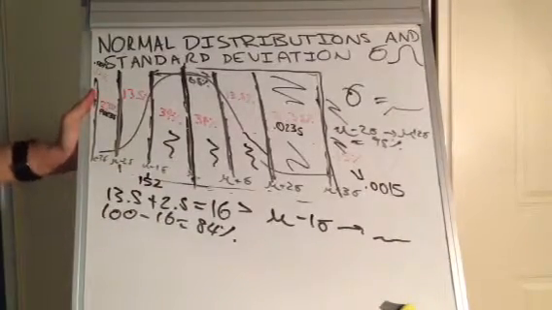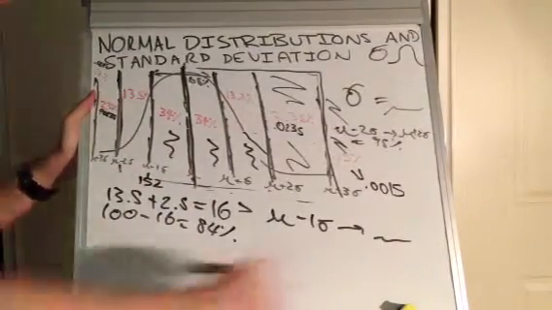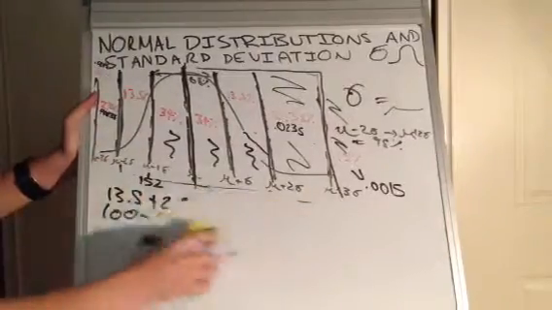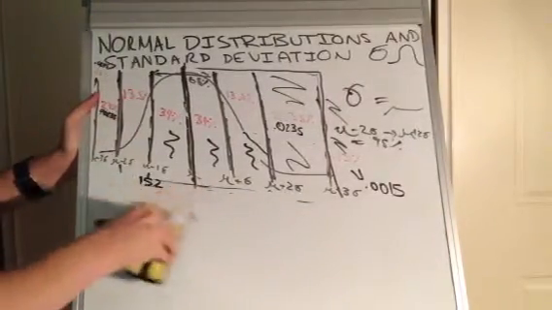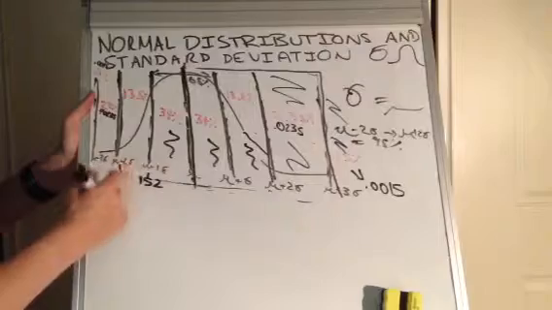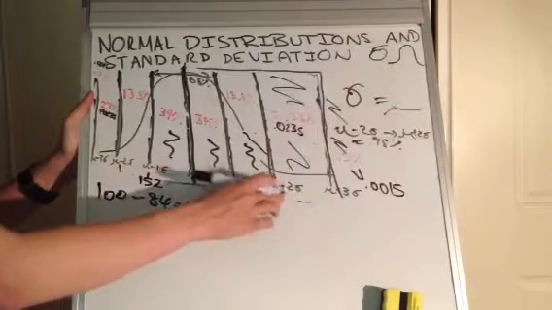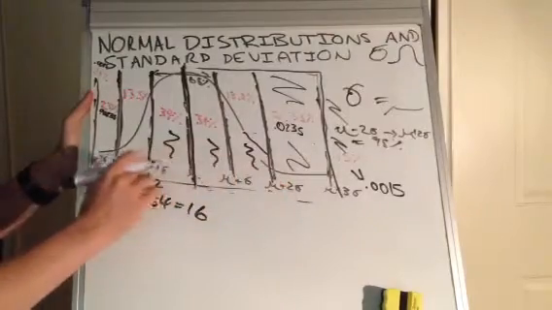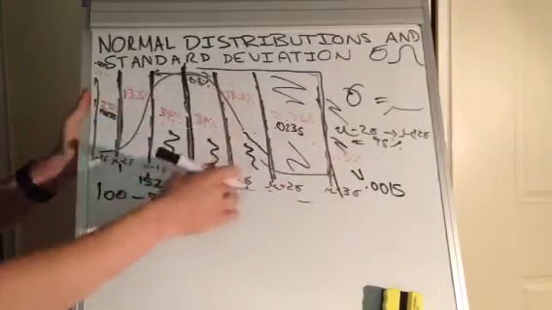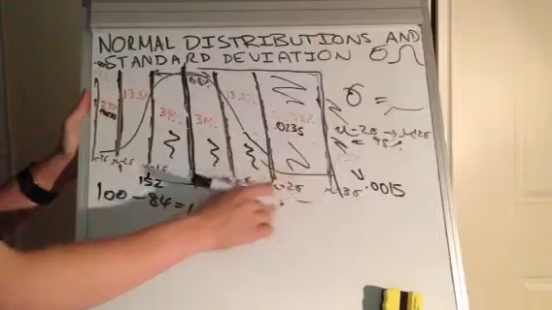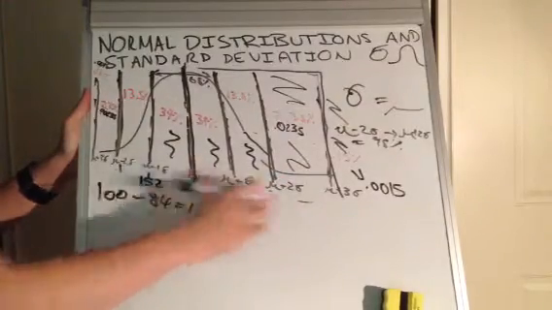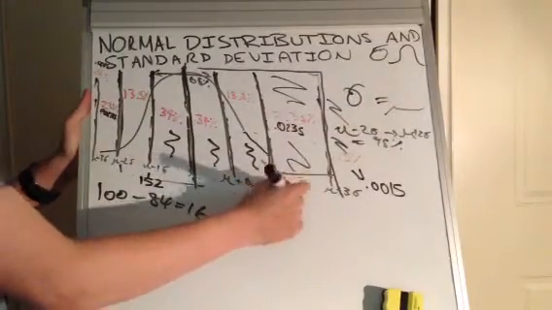Now, the next question says 16% weigh more than 200 grams. So again, 16%, well, we just had 100 take 84 equals 16, so it must be the same on the other side at this particular point as well. We must have from anywhere onwards from here, this value here, 16%.